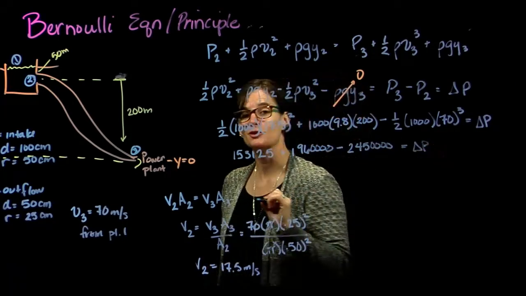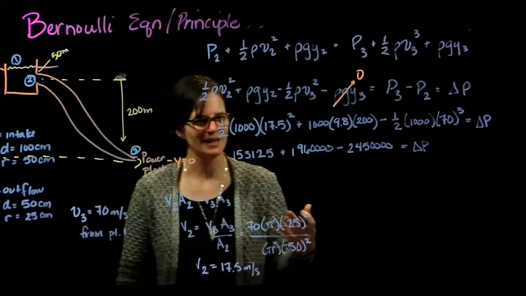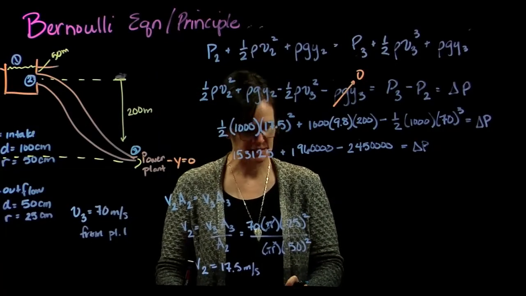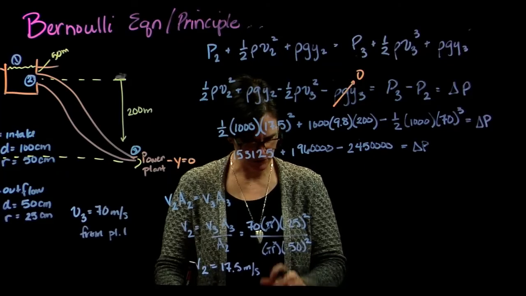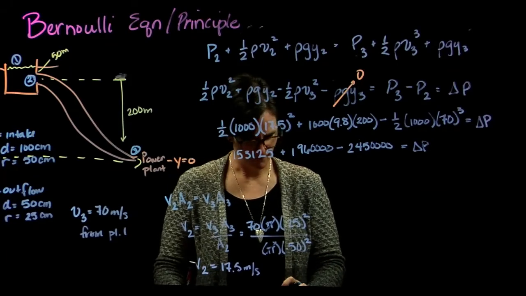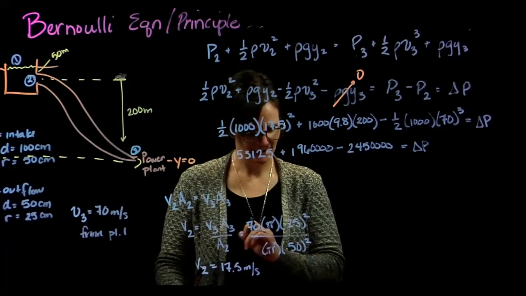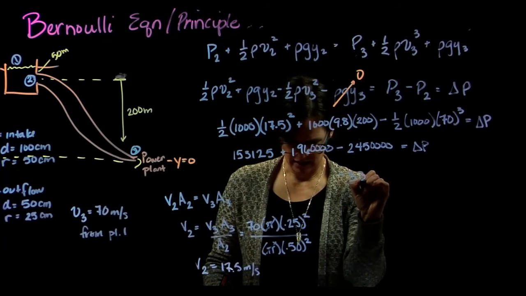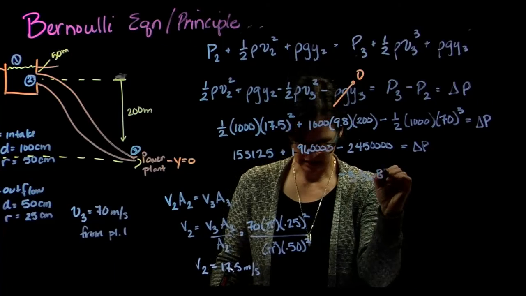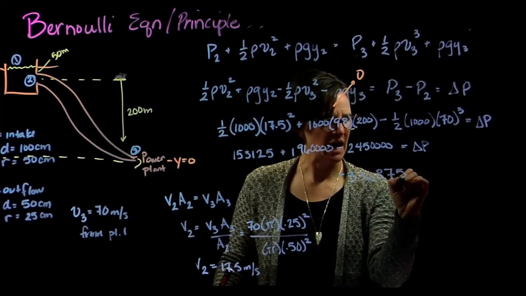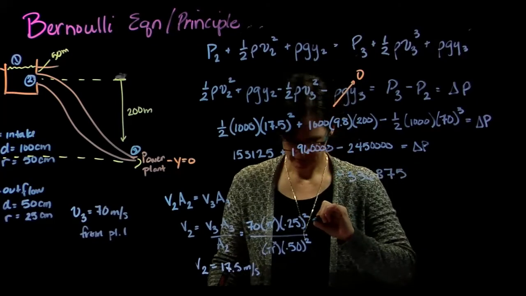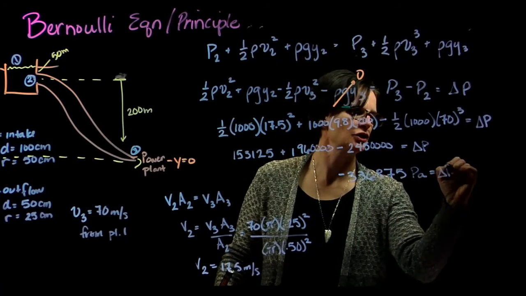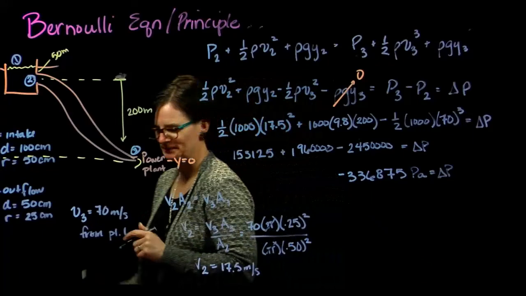We're using standard units, so of course this change in pressure is going to be in pascals. So we have 153,125 plus 196,000 minus 245,000, and we get negative 336,875 pascals is our change in pressure.